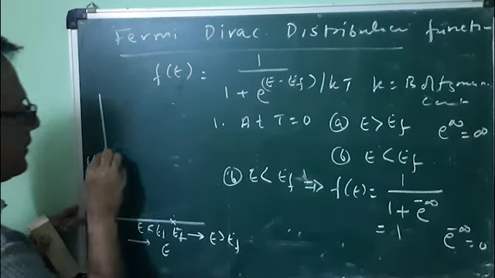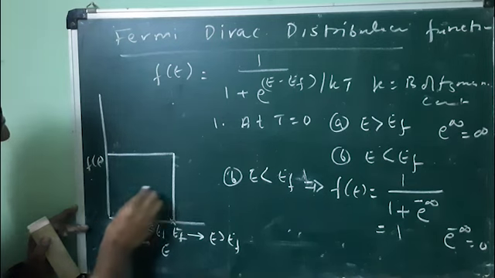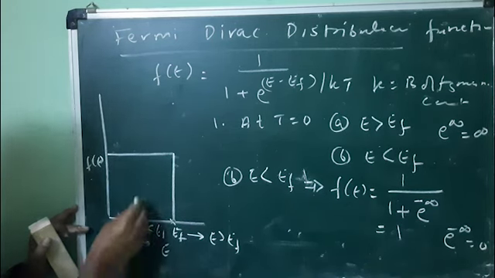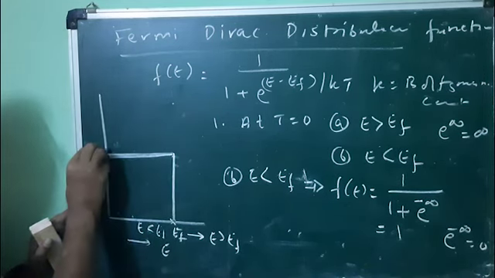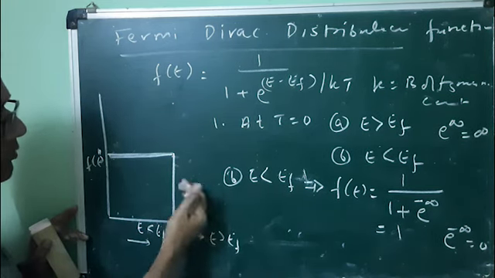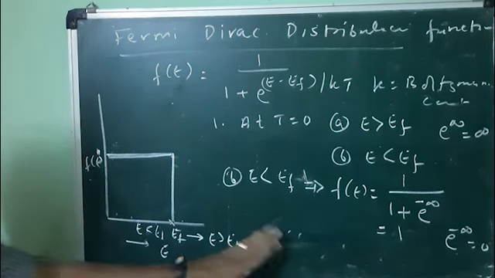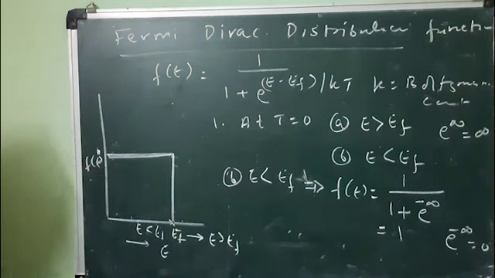So we get this type of curve. Here E is less than EF, so it is 1, and beyond this F is equal to 0, so nothing is there. Here complete electrons are there, and beyond this there are no electrons.